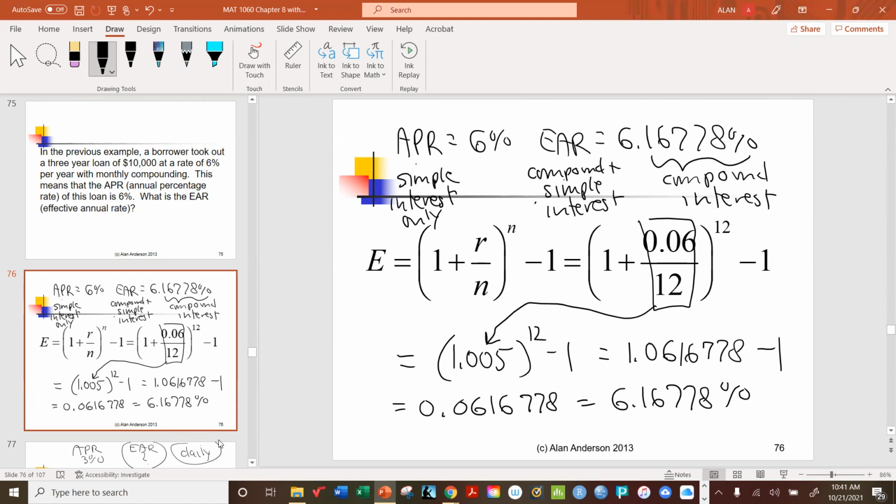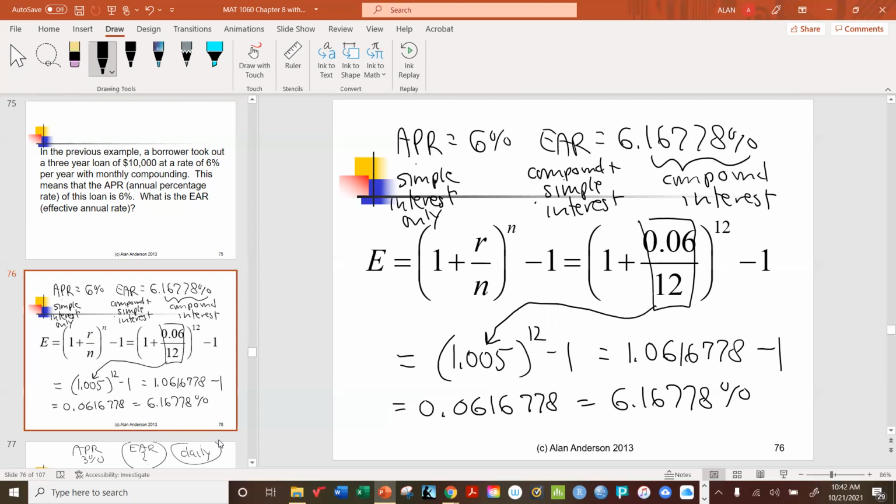All we care about is the interest here. So when you do all the math, you'll see that this works out to about 0.0616778, or about 6.16778%. So the spread between the two is about 0.16%.